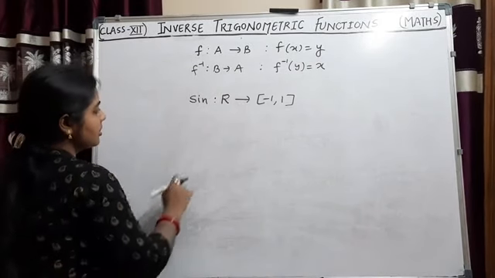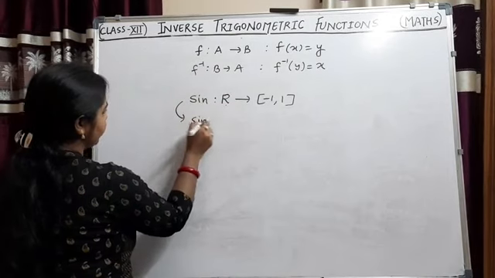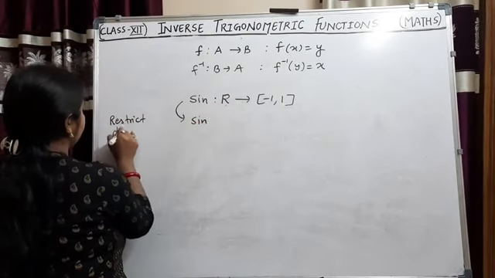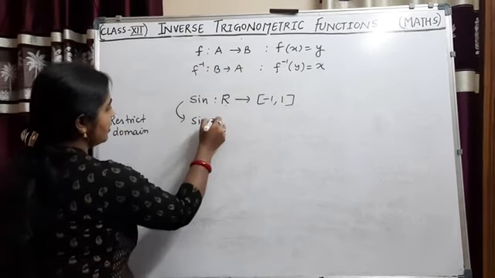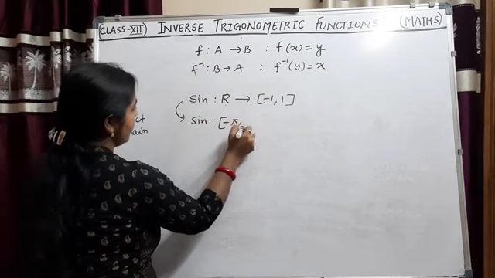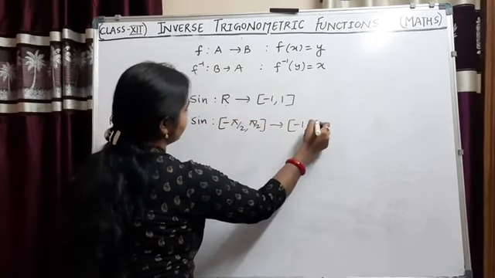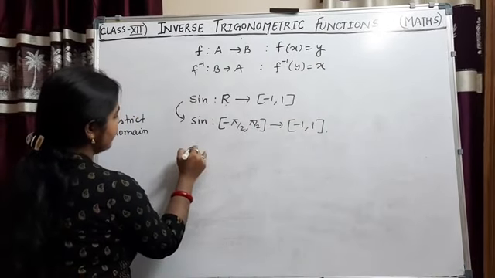So we will restrict the domain of the sine function. After restricting the domain we can take minus pi by 2 to pi by 2 and then minus 1 to 1. Then we can find the inverse of this sine function.